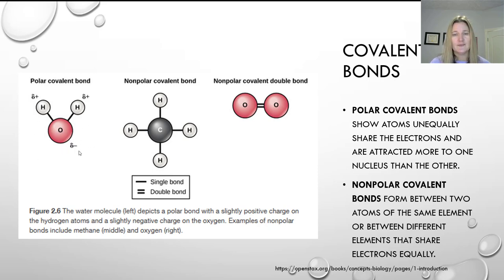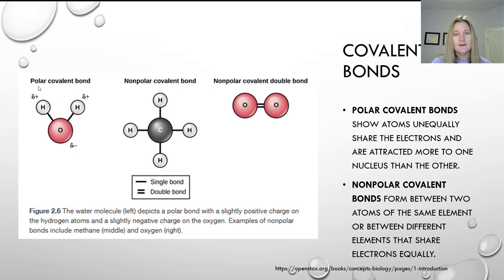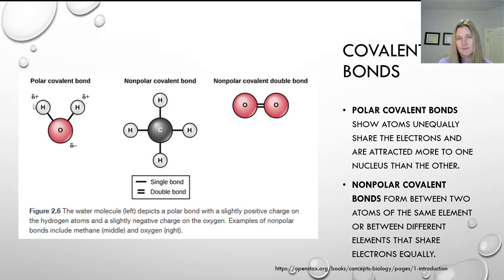And because of that, we end up with a slightly negative charge to the oxygen end of this molecule. And then because hydrogen doesn't always get the electrons circulating its outermost area, it's going to end up being a little bit more positive on this side of the molecule.